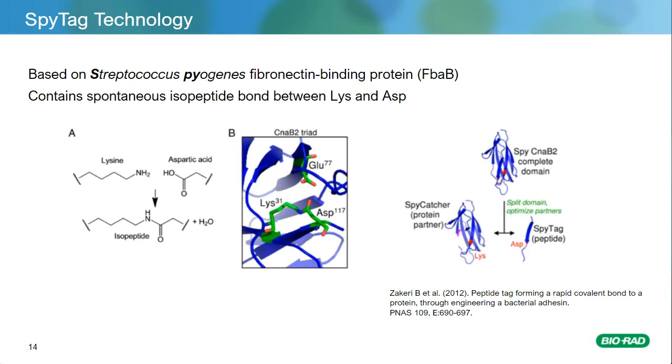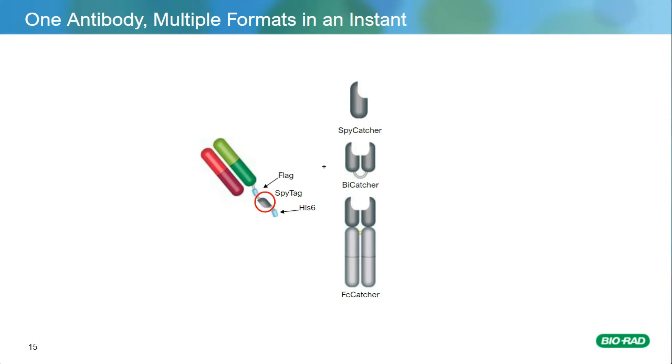At Bio-Rad, we've taken the SpyTag technology and we've applied it to antibodies. Specifically, we now make most of our Fab antibodies featuring the SpyTag on the C terminus of the heavy chain of the Fab, in between a FLAG and a His tag. The His tag is what we tend to use for purification. And we also have a menu of pre-prepared catcher domains.